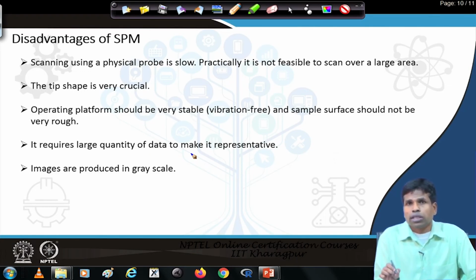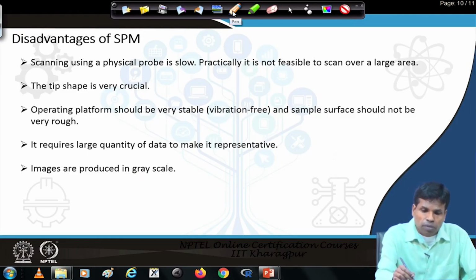To know about the whole big sample, we need to measure at several places to get an overall idea about the material, rather than just a few nanometer level examination. Images are produced in grayscale; SPM and helium ion microscope both give grayscale, unlike the optical microscope.